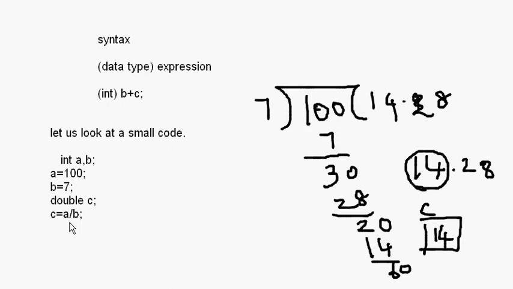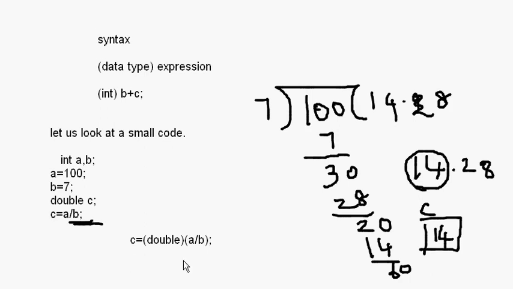Now, this expression A by B can be typecasted, converted into a double. Now, if we do that, look at this statement. C is equal to, I write like this, double, and then I write A by B like this.